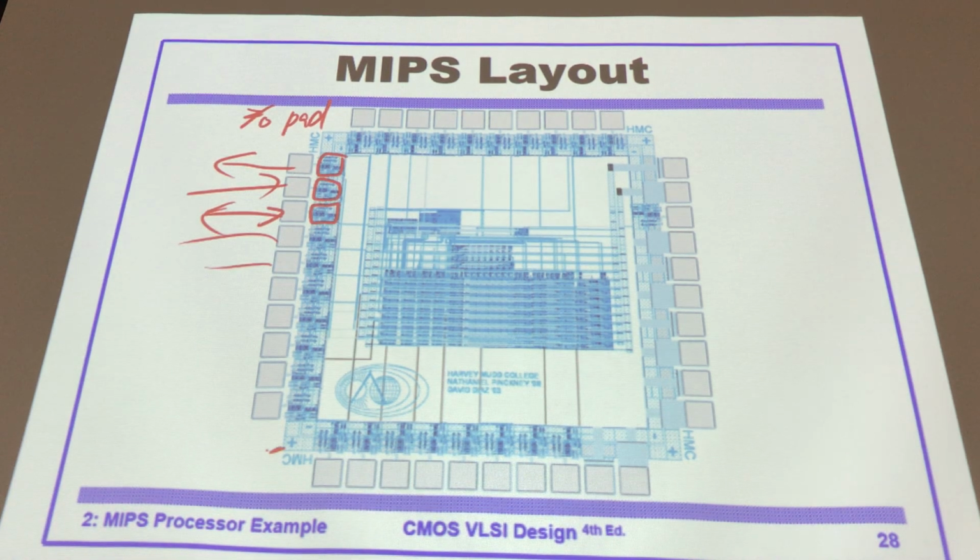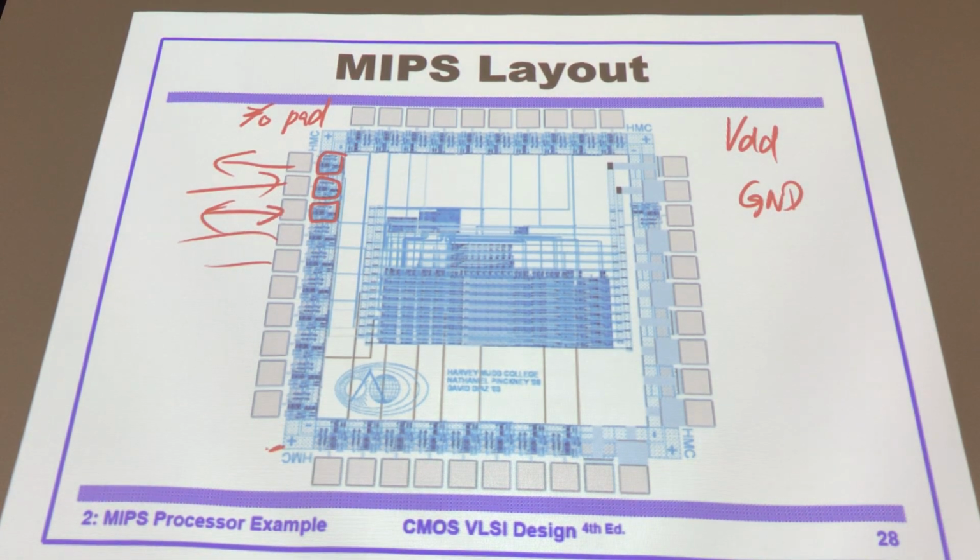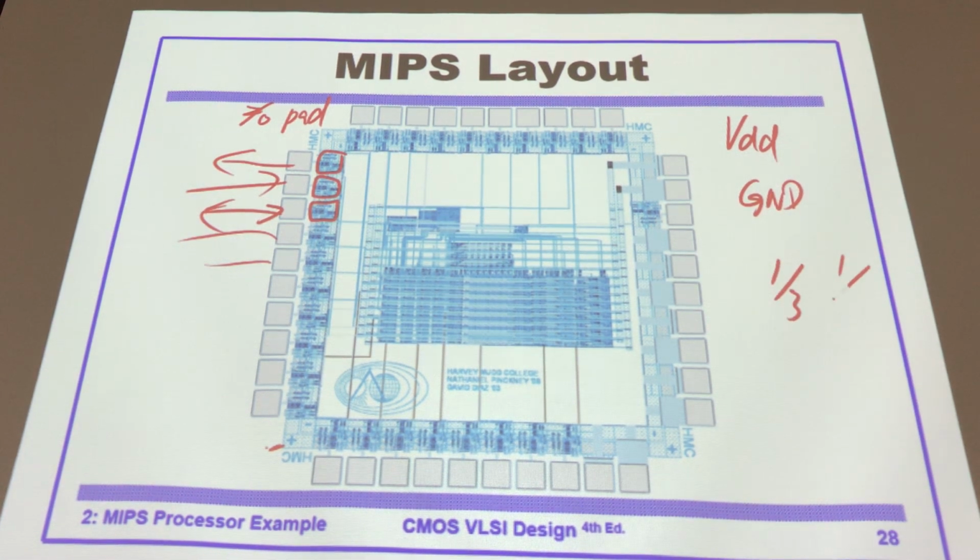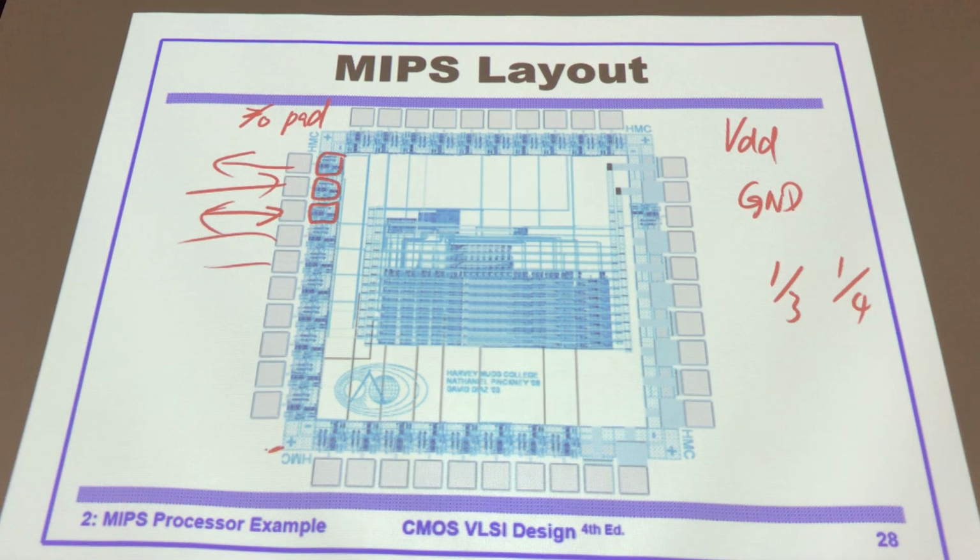And actually, in industry, you need to have at least VDD and ground, right? VDD and ground are the power wires that provide the power supply. And if you look at some chips, they might have more than one VDD and more than one ground. Sometimes even one third or one quarter of the pins are power pins, VDD and ground. So many VDD pins and many ground pins. Why is that?